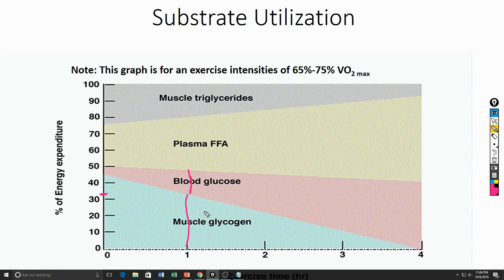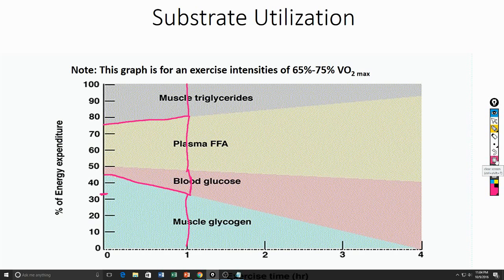Okay, so we're running out of muscle glycogen, we're having a reduction in muscle glycogen, so we're starting to rely more on blood glucose over time. Initially, muscle triglycerides were accounting for about half of the fat use. Now, that's dropped to maybe 20%, and now we have more fatty acids from the blood.